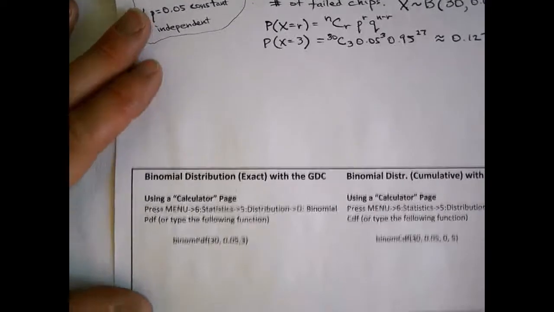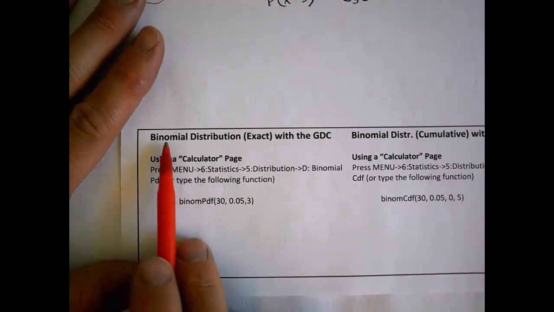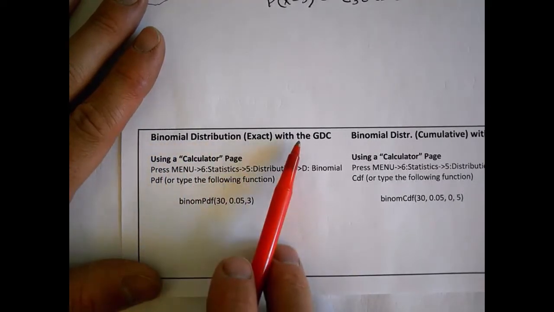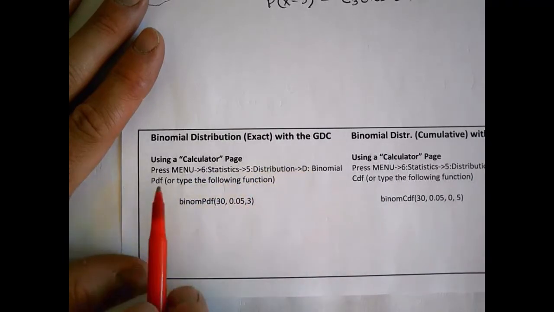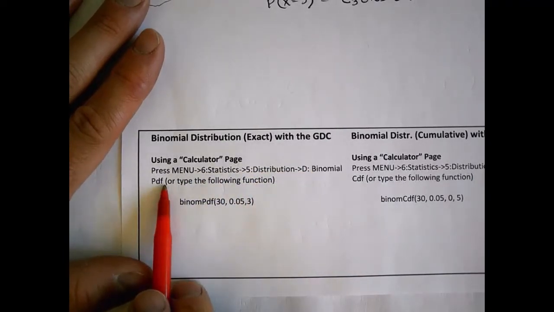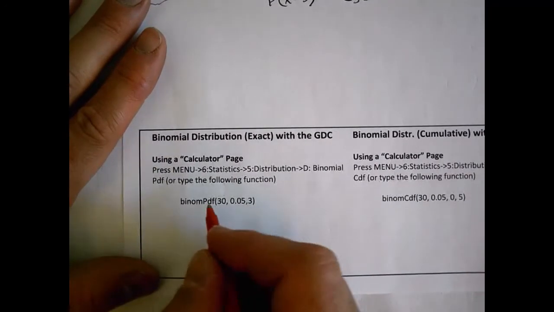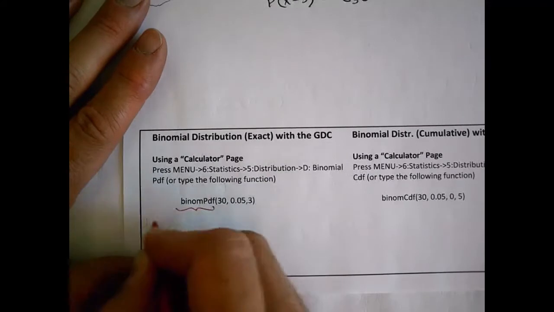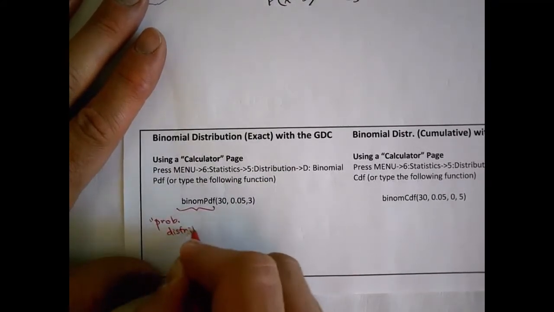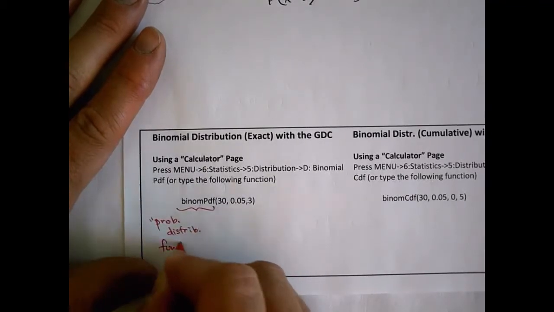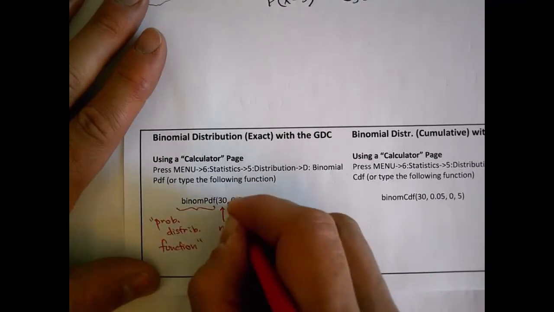So again, we just showed you with the calculator: the binomial distribution can be found using the GDC. You press menu, statistics, distribution, binomial PDF. That was what we just used for this example. This is the probability distribution function, so PDF stands for probability distribution function. And the numbers are n and p, which are my 2 parameters.